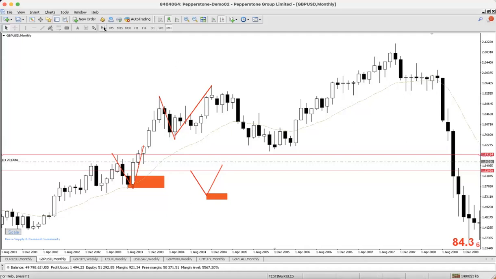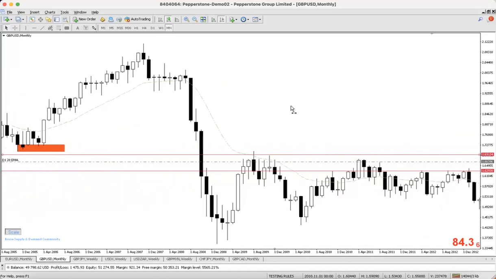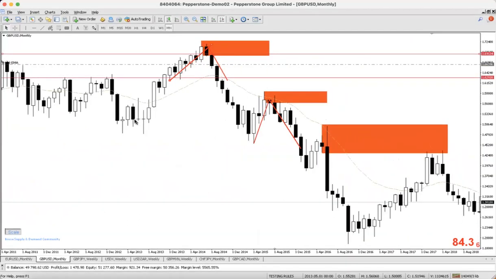So I'm going to draw my zones here. It was a valley here, a demand zone here. Something here also, a demand zone. So let me look at another one.